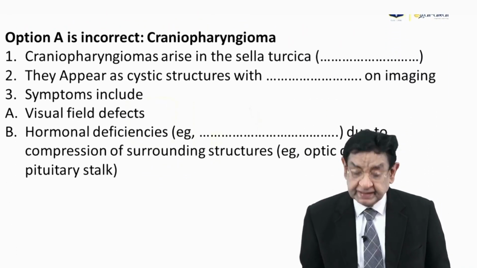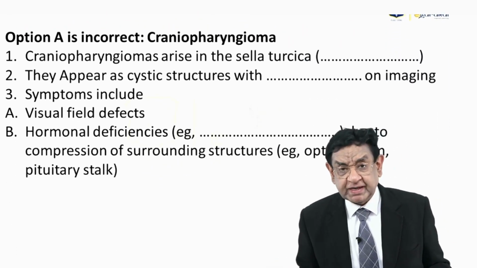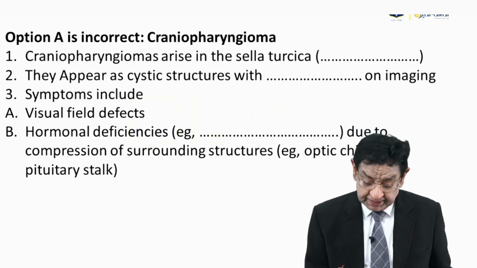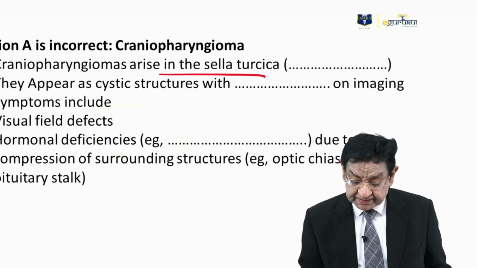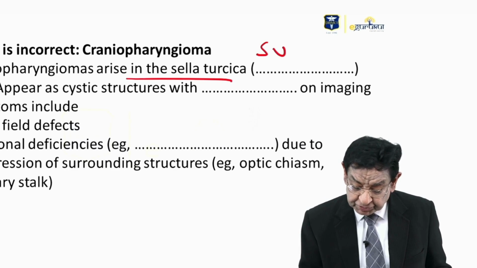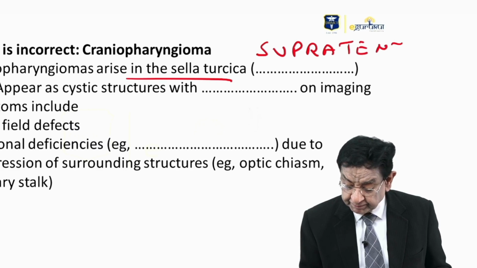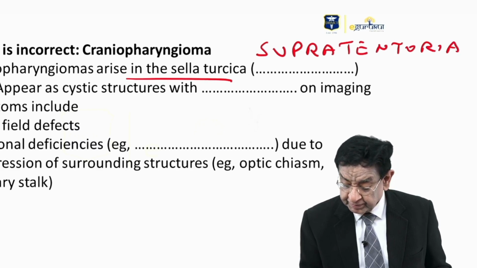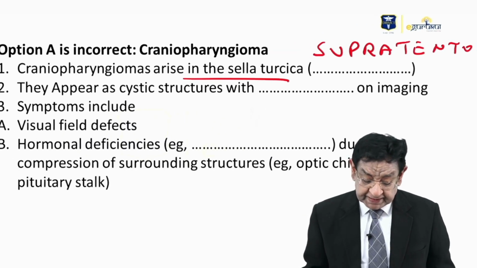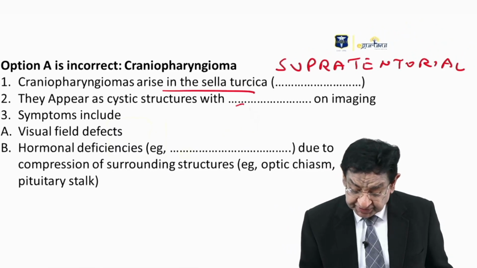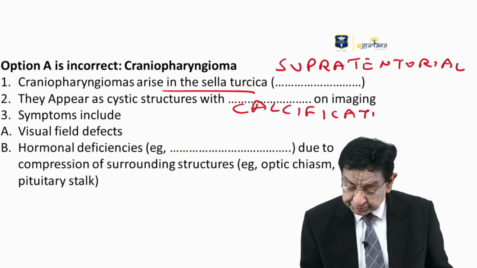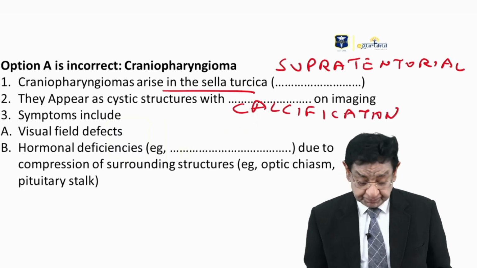Now, can we think about the other option, craniopharyngioma? It arises in the sella turcica and, as I told you, is a type of supratentorial tumor. It appears as a cystic structure with calcification on imaging.